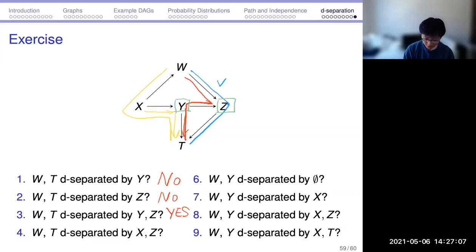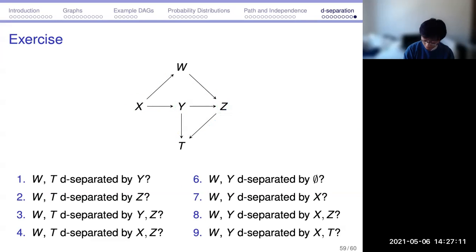Okay, so now for the fourth one, maybe we don't have to draw all the paths. Are they d-separated when conditioning on X and Z?